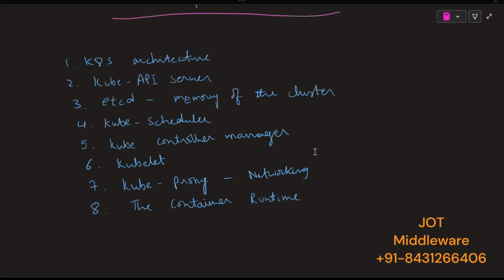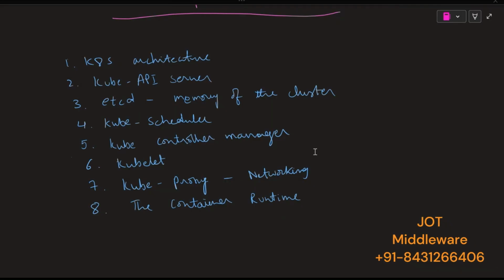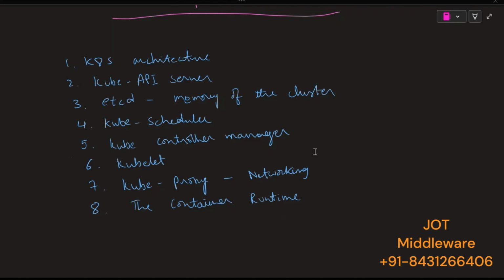By the end of this module, you will understand not just how to use Kubernetes, but what is actually happening when you run any kubectl command. So we start at the front door. The front door in Kubernetes is the Kube API server, and we work our way through every component in order. Each one connects to the next one.